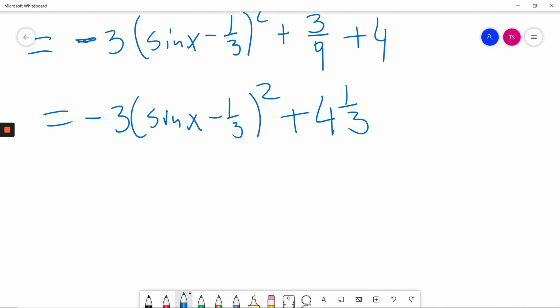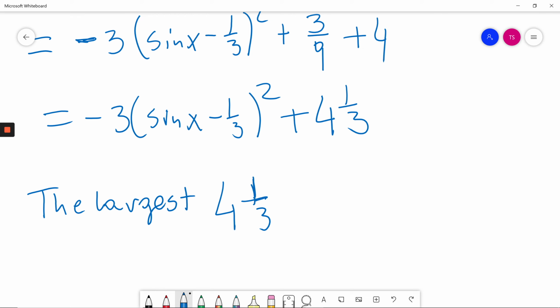I need to find the largest value. So the largest value achieved by the expression will be equal to 4 and 1/3, when sine x is equal to 1/3.